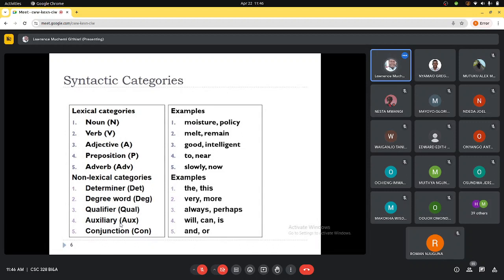All right, can. You can say John can do this. So can is showing it's a verb. Then you have conjunctions, like and, or, and so on. So these are basically the syntactic categories divided into lexical and non-lexical.